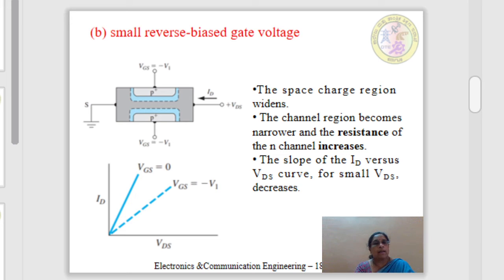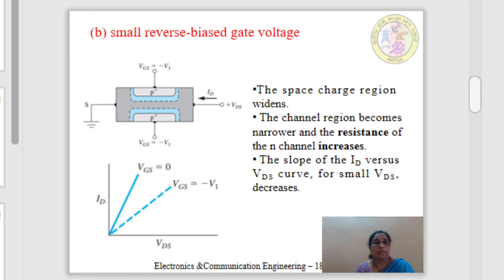As the channel region is reduced, it is nothing but increased resistance. In the previous case, the channel region was not affected, but there was a very finite amount of resistance.